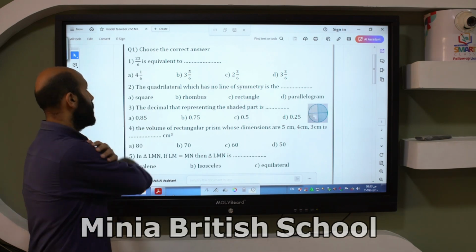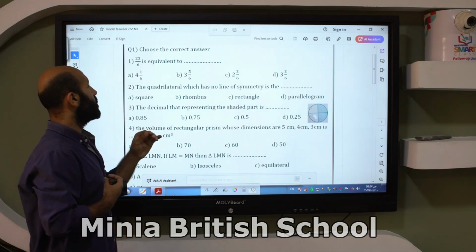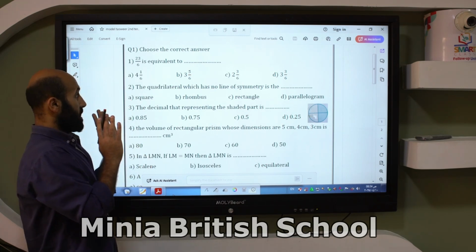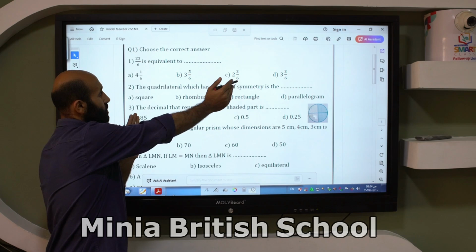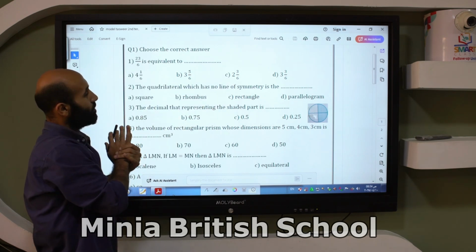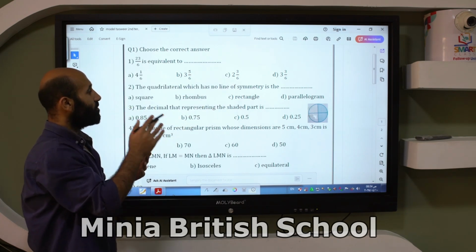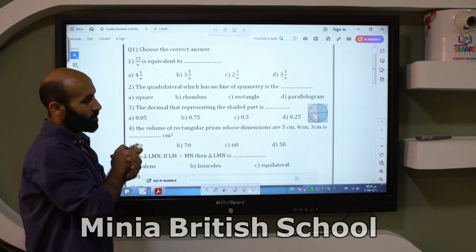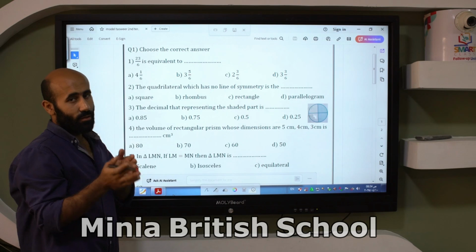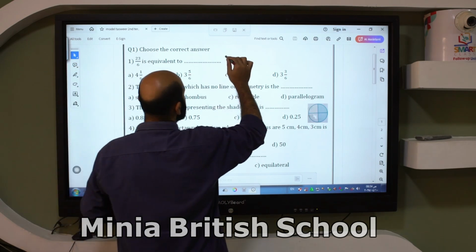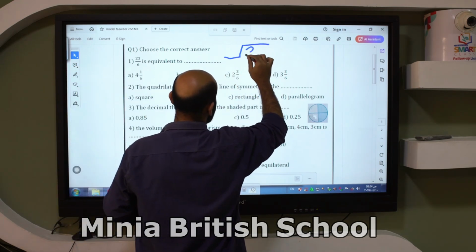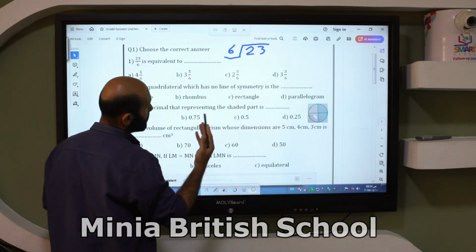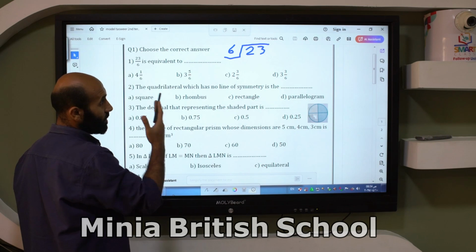Let's get into it. The first point: 23/6 is equivalent to. As we see, all the options are mixed numbers, so I have to convert 23/6 into a mixed number. How? By using long division. I have 23 divided by 6. Think with me: what number times 6 gives me 23 or less?